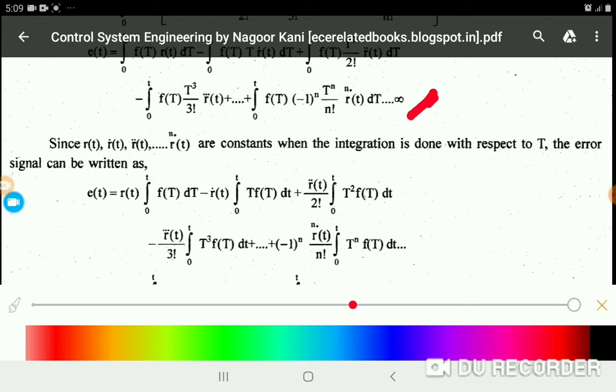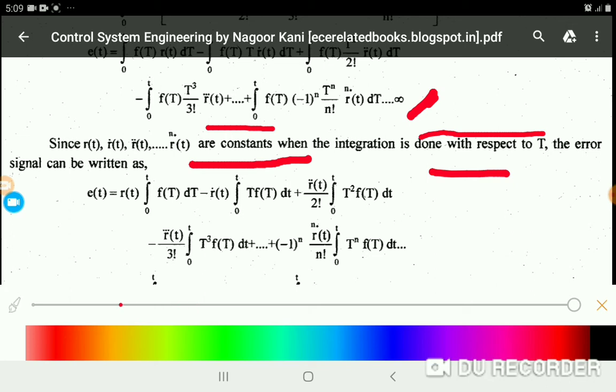Now this r of t, r dot of t, r double dot of t, r power n dot of t are constants when the integration is done with respect to time.